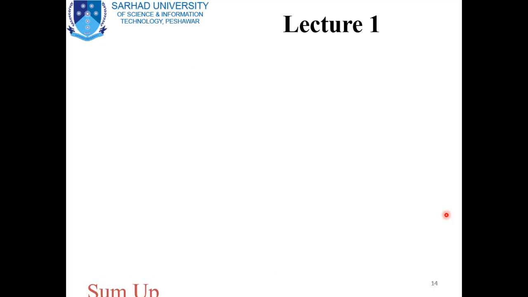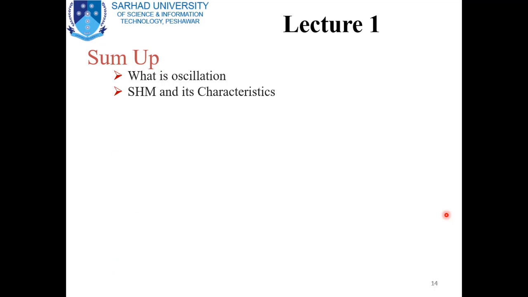What we have learned in our first lecture, let's sum up. We studied what oscillation is. From examples we defined oscillation, and also a special type of oscillation known as simple harmonic motion.